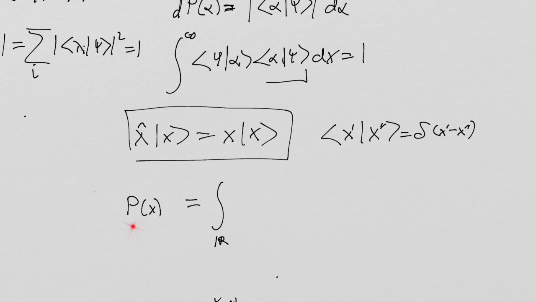Now, this is a weird question, right? Because I've already kind of gone through this explanation that you can never really measure a continuous variable precisely, right? The problem is that it is still an eigenvalue, right? And what we're going to discover is that the probability of measuring an eigenvalue x is still going to be an integral over the real numbers.